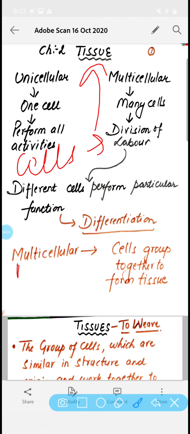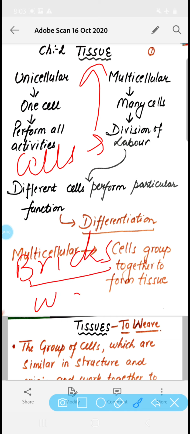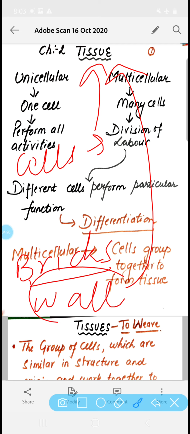In the same way, when we have to build the house, the bricks are put together to form the wall. So, we can compare the wall with the tissue. Different kinds of bricks together form the complex, organized structure called a wall.